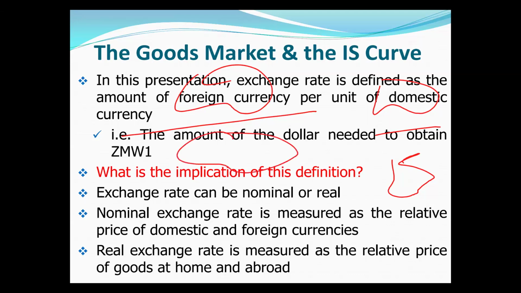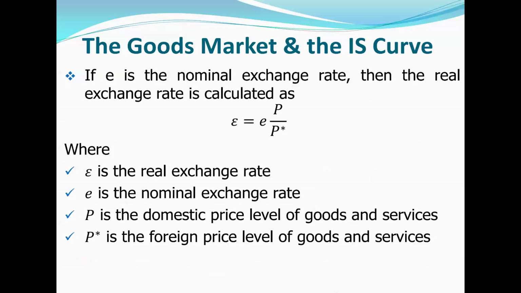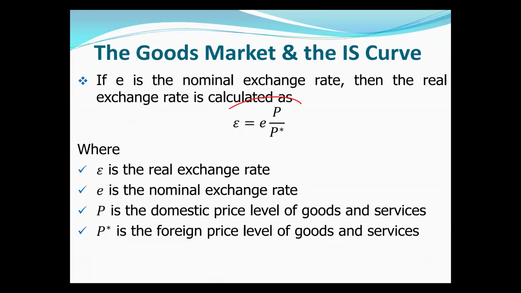Say 5 kwacha here, then there maybe you need to convert that into dollars. It will be maybe 20 kwacha. This will give you the real exchange rate. Whereas the nominal exchange rate is just the normal exchange rate, not really the real one.